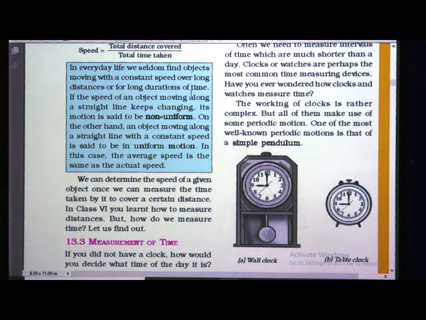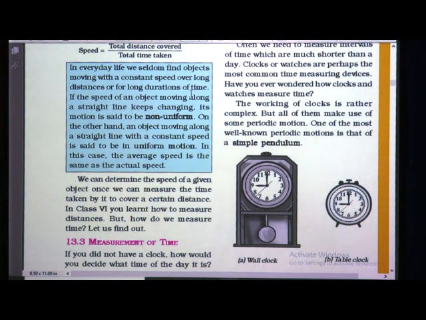Whenever an object is moving in a straight line and it keeps changing its speed, its motion is said to be non-uniform. It means whenever there is a change in speed while covering a distance in a particular time, that is called non-uniform.